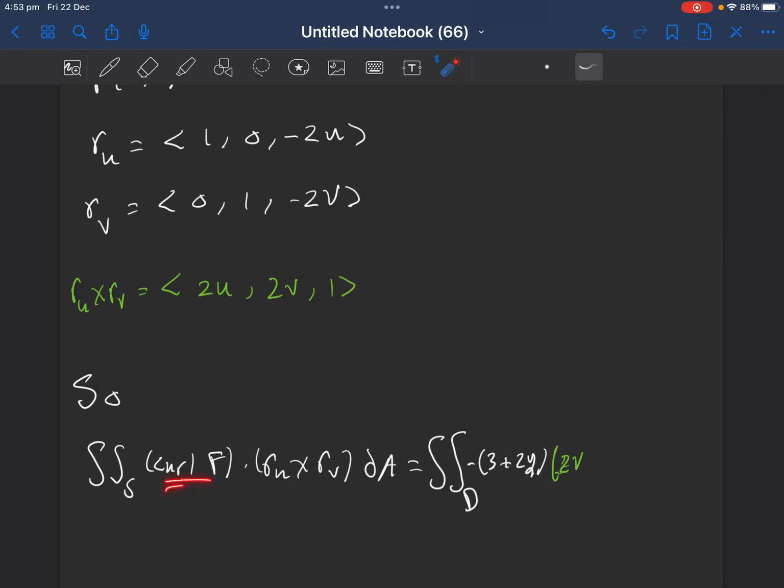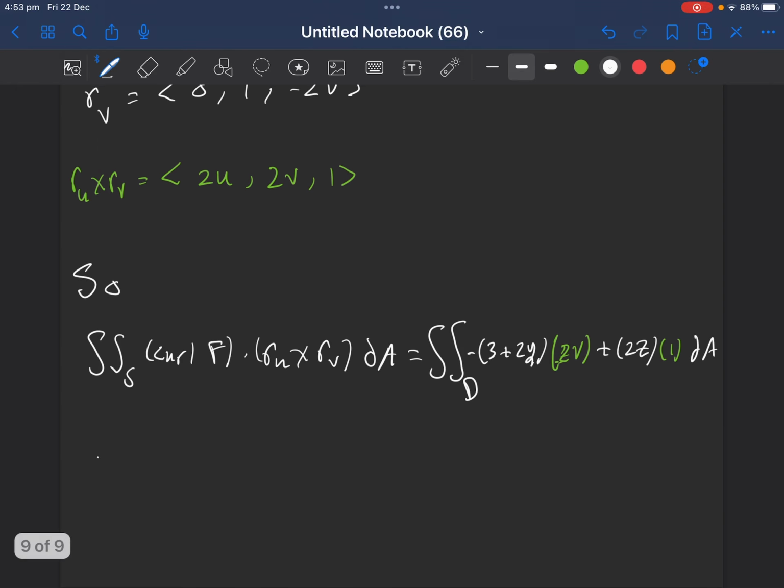Remember the curl starts with 0 and something else, so we just start from here, plus 2z with the third one, which is 1. And of course, this one would be a double integral dA.